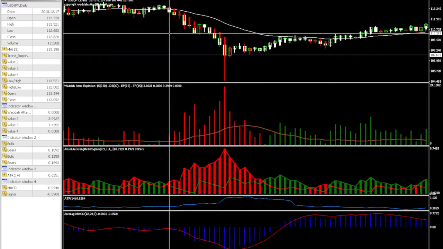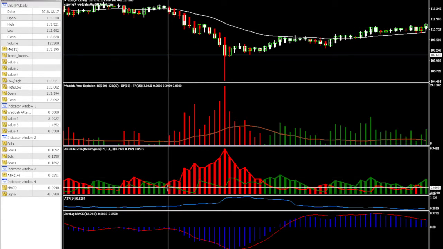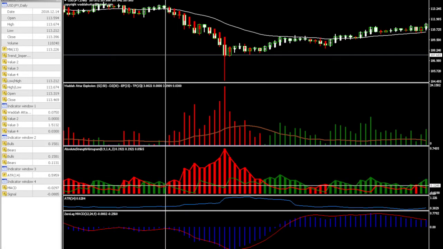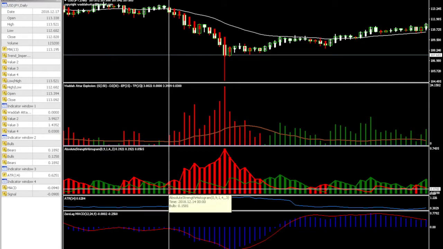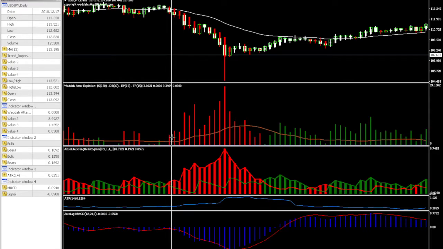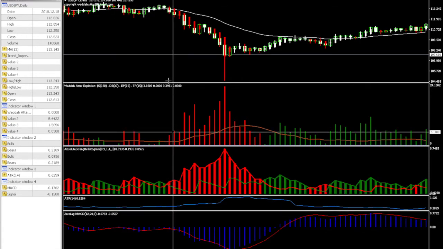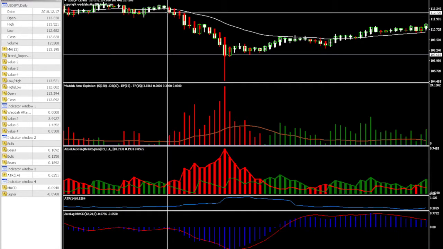So this is an example of a sell trade. As you can see here, our main entry indicator turned bearish because we get this red histogram tick. Our volume indicator is red above the brown line, and our MACD is also above the red line and negative. And the candle closed below the baseline.